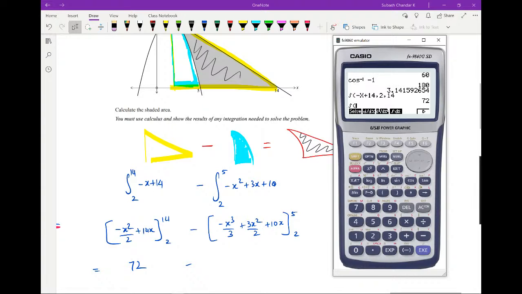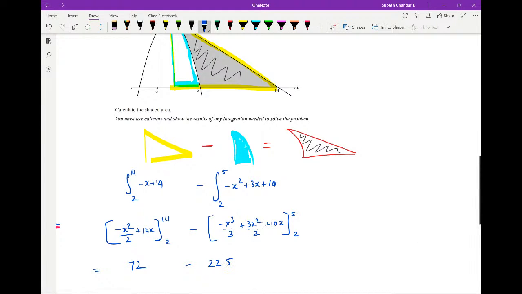And I've got the integral of negative x squared plus 3x plus 10, between 2 and 5, which equals 22.5. And subtracting that, I get 49.5.